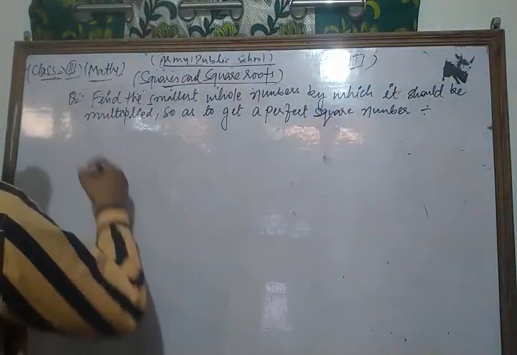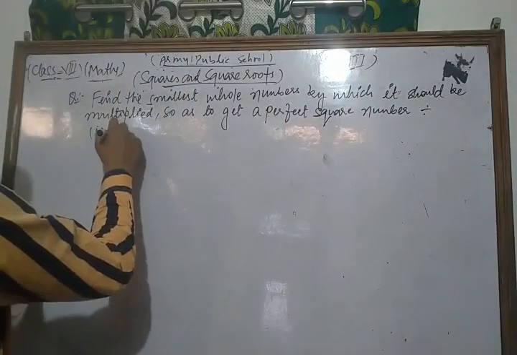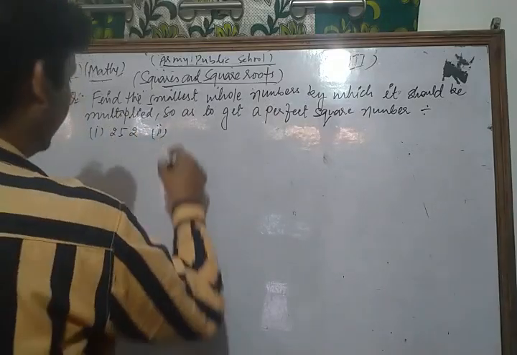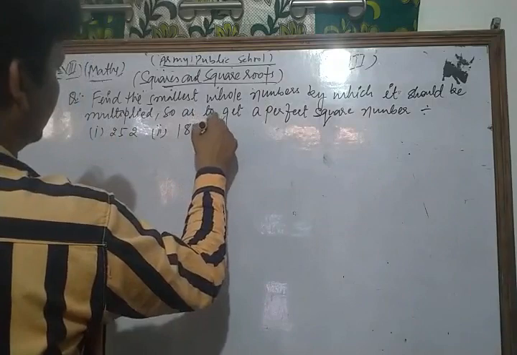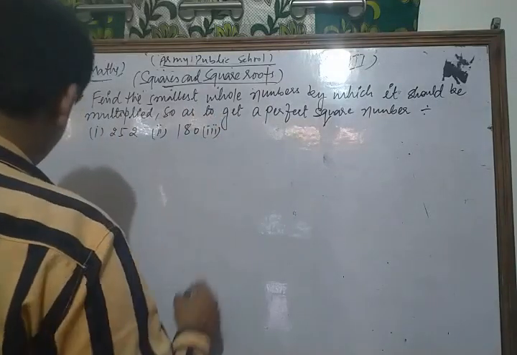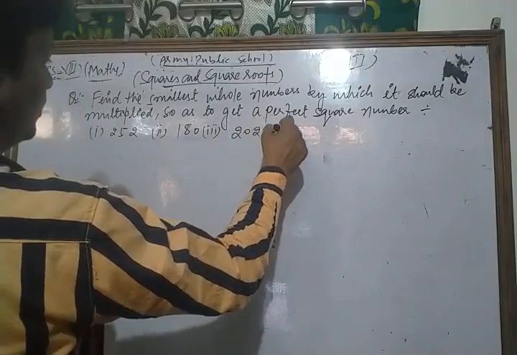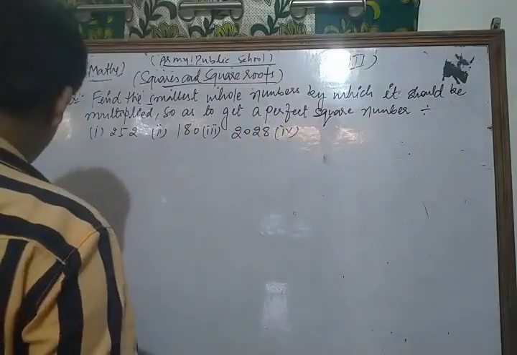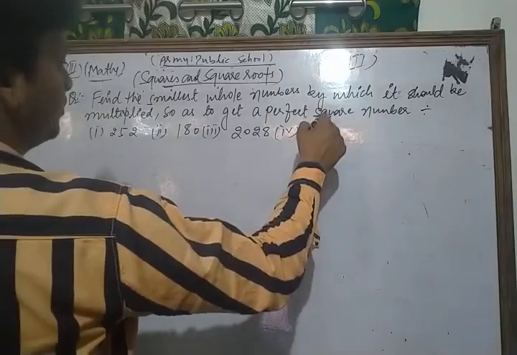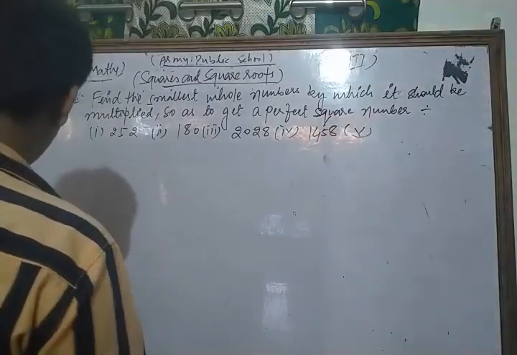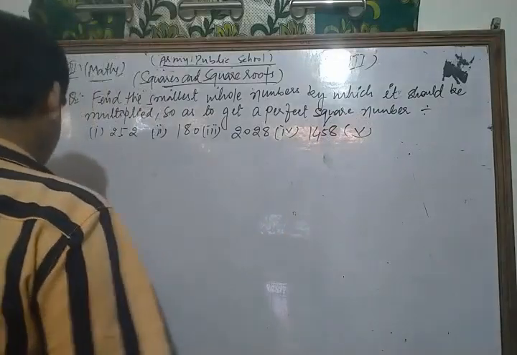And your first part of this question is what? 252. Second is what? 180. Third one is what? 2028. Fourth one is what? 1458. And last part 6768.